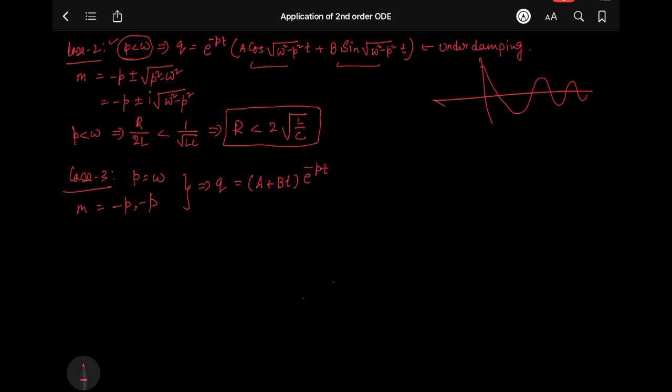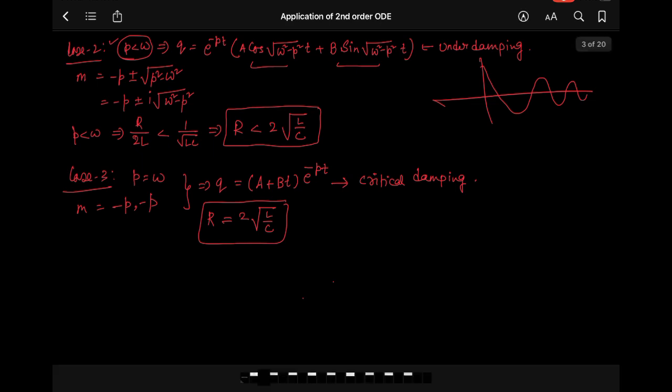This is the case of critical damping. In this case, R equals 2 root over L by C. This is the corresponding critical resistance. So this is the critical damping case.